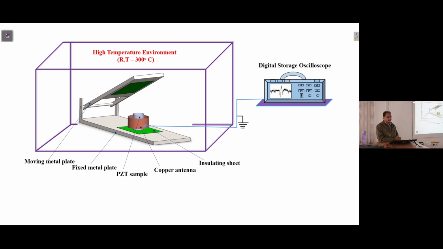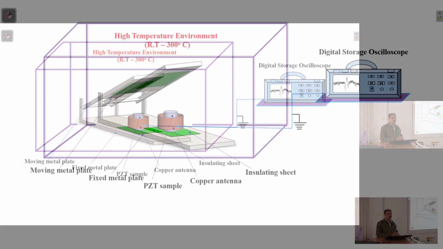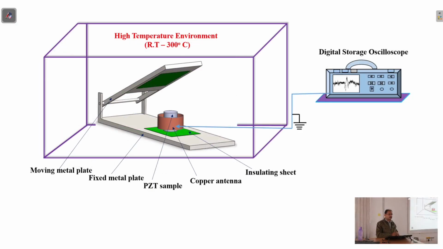Yeah, next is the effect of different environmental conditions. Suppose we ask whether the material continues to perform the same when higher temperature applications are considered, or low temperature conditions are considered. So this one is for higher temperature.